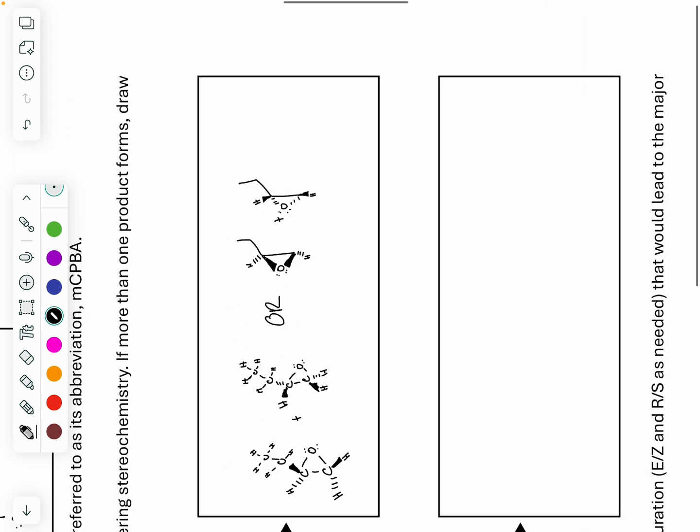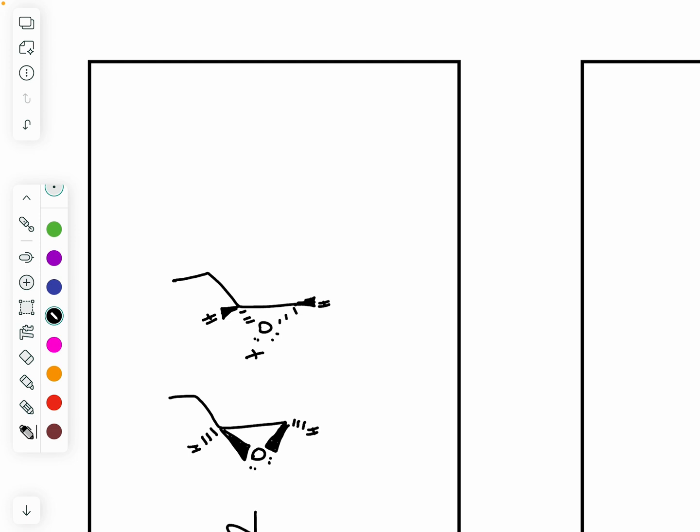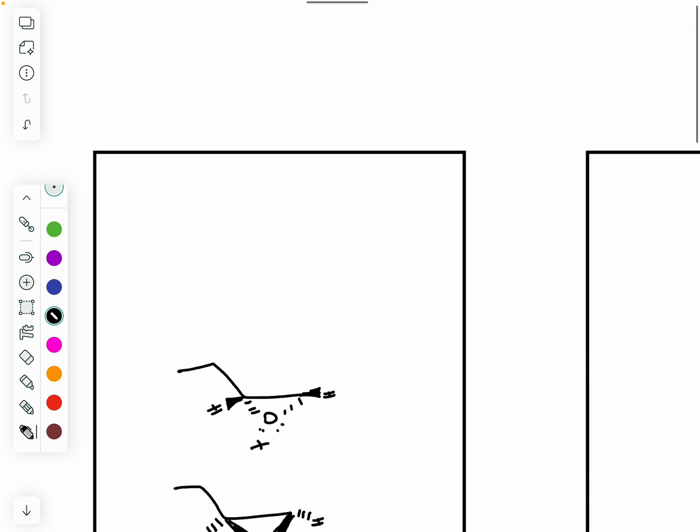So another thing to note, the byproduct of this MCPBA is actually going to look like this.